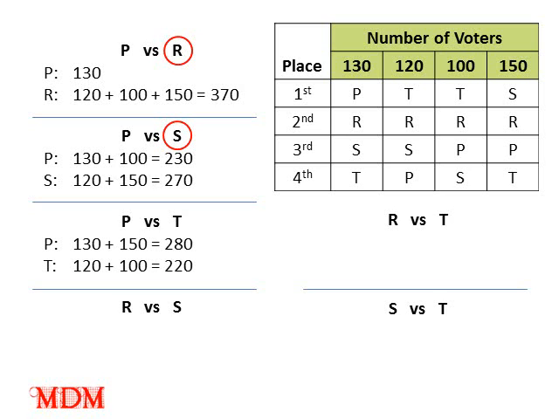In our next matchup, Paul versus Tim, we can see that Paul is ahead of Tim in 2 particular cases. So Paul gets 130 plus 150, or 280 points. Tim is ahead of Paul on the other 2 ballots for 220 points. Paul gets the point.